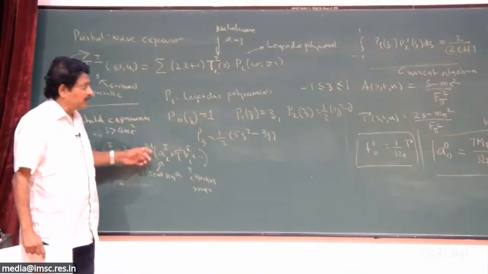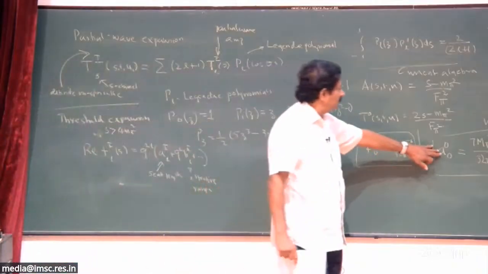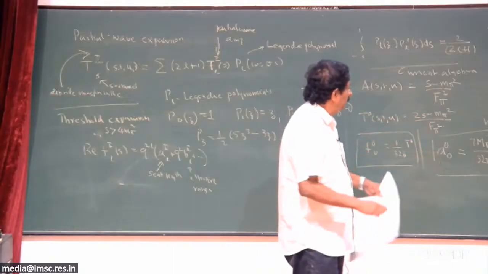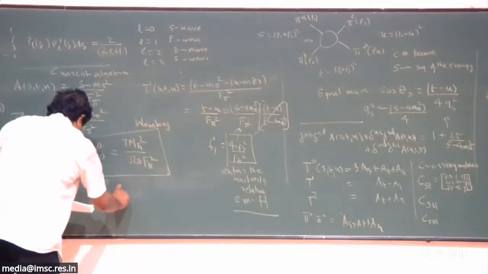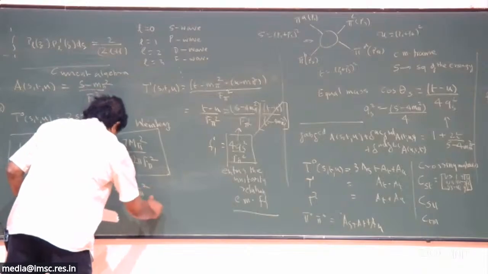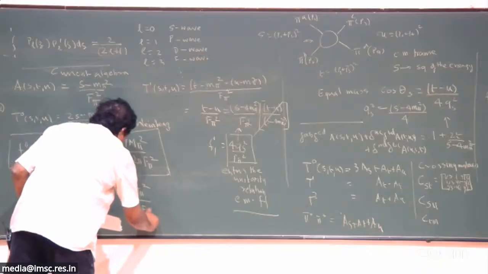Okay. So given these expressions, from these we can get not just A00, but you can also get the effective range B00, and B00 I can give you is m pi squared by 4 pi f pi squared.